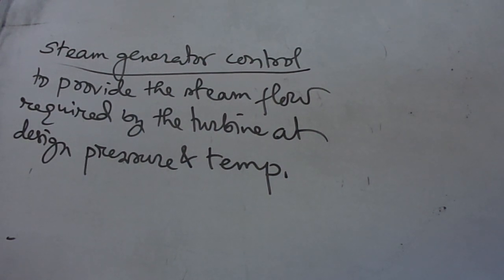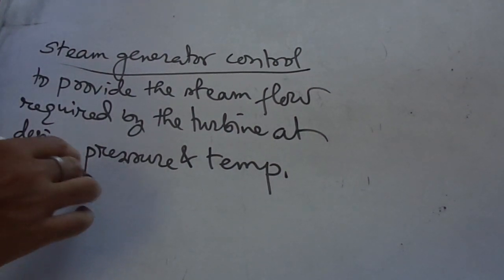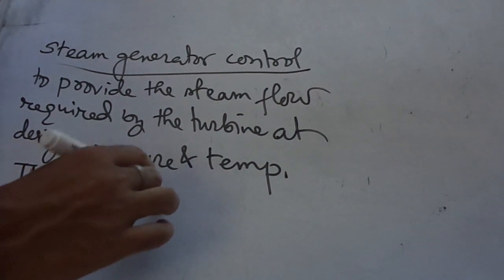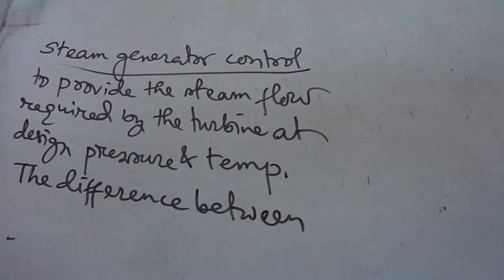The difference between the measurement and demand is called the error signal.